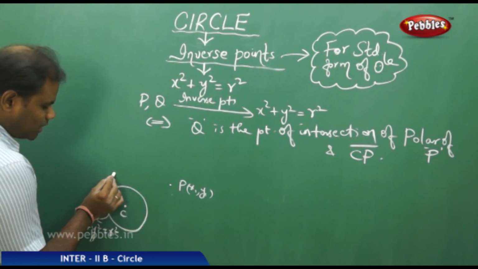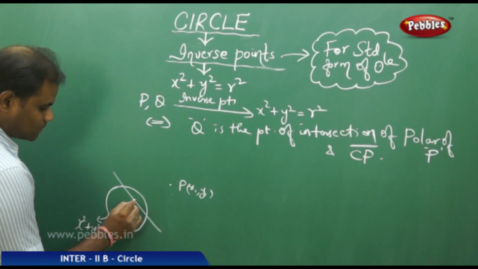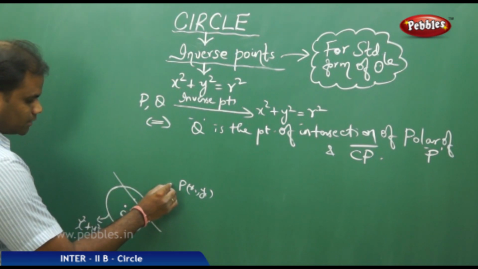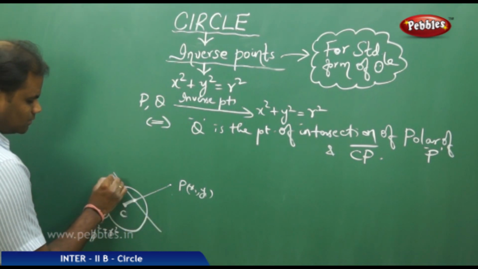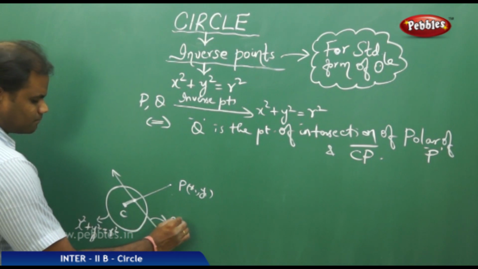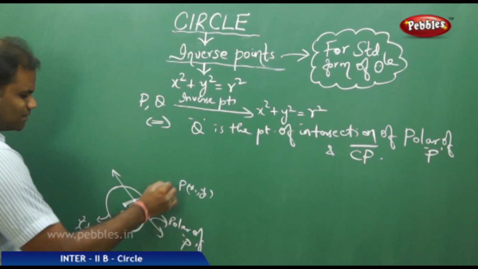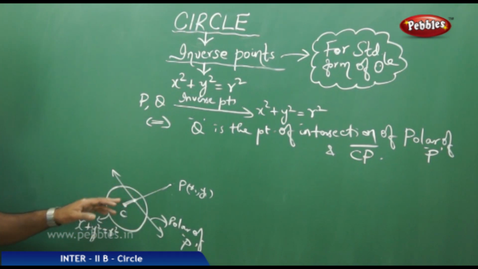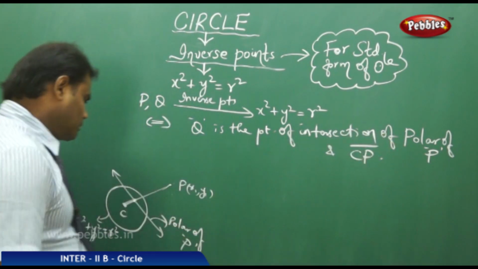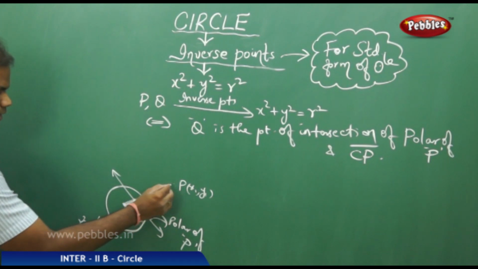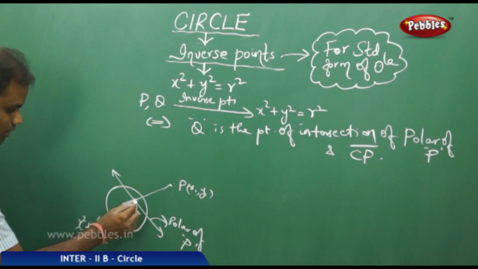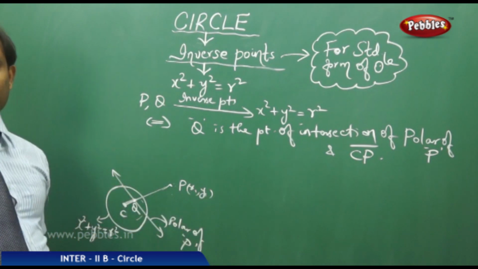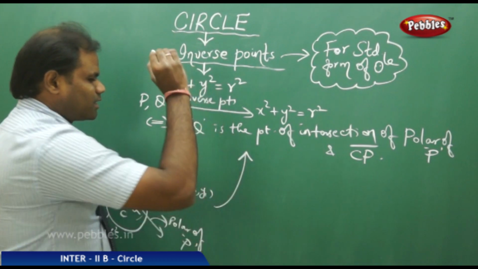Then if I say that the polar of P lies here, and then the say CP intersects here, then this is the polar of P and this is the line joining CP, and then the point of intersection of CP and polar of P, if this is Q, then we say these 2 points are inverse points. So under the case, this point Q becomes an inverse point with P, is how we understand the concept.